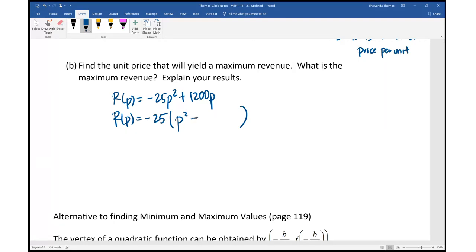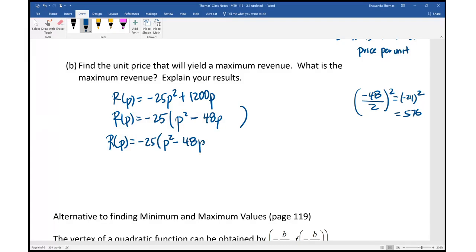So that'll be minus 48p. Then we're going to still do our negative 48 over 2 squared, negative 24 squared, which is 576. So that's R of P equals negative 25 times P squared minus 48P plus 576 minus 576.